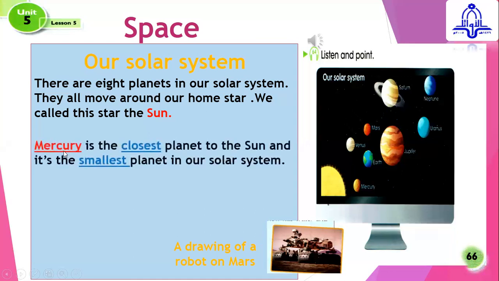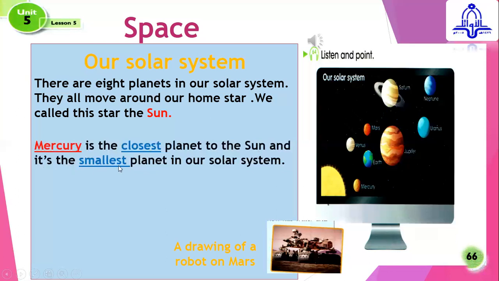The first planet. Now we will study about the first planet. Mercury is the closest planet to the sun, and it is the smallest planet in our solar system. Again, Mercury هو الكوكب عطارد is the closest planet. ضعوا خط تحت كلمة closest. Closest يعني الأقرب، الكوكب الأقرب to the sun، إلى الشمس.